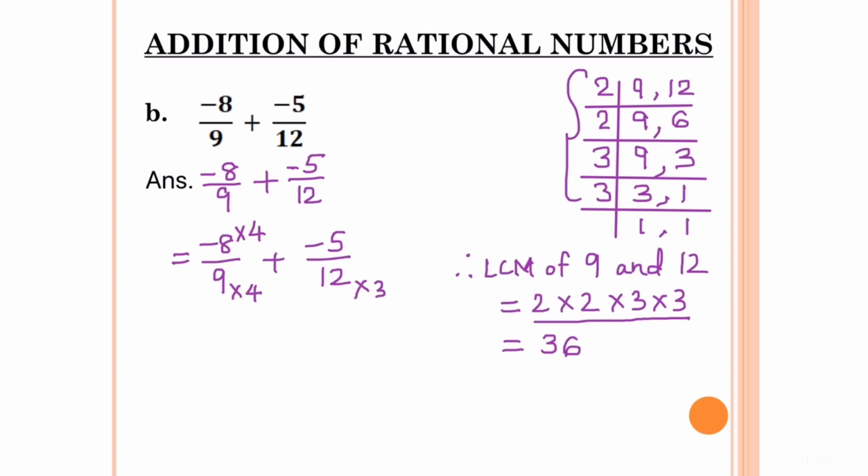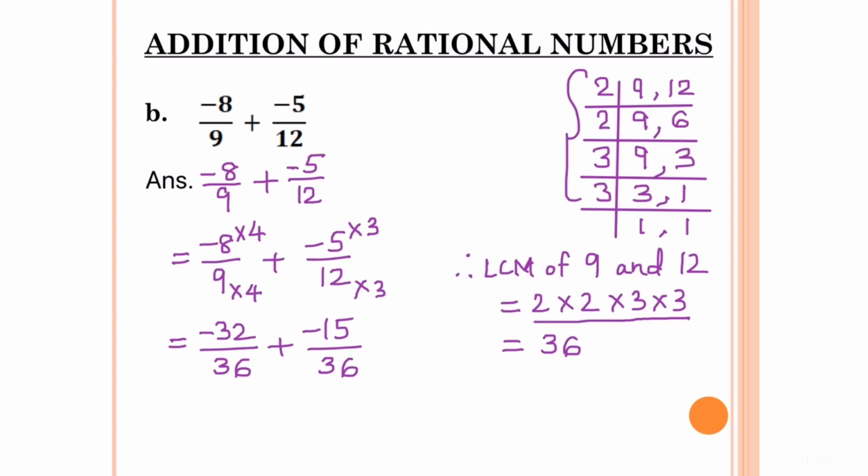The same 3 we will multiply even with the numerator. This is equal to, now minus 8 times 4 is minus 32 by 9 times 4 is 36 plus minus 5 times 3 is minus 15 by 12 times 3 is 36.